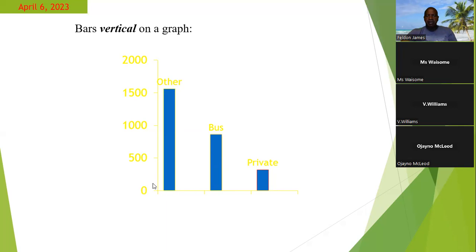So for 350, we would ensure that the height of this would line up. Let me use something more accurate. So we'll ensure that the height of this bar lines up over here to 360. All right. And so that's how we determine the height based on the measurement on the y-axis.